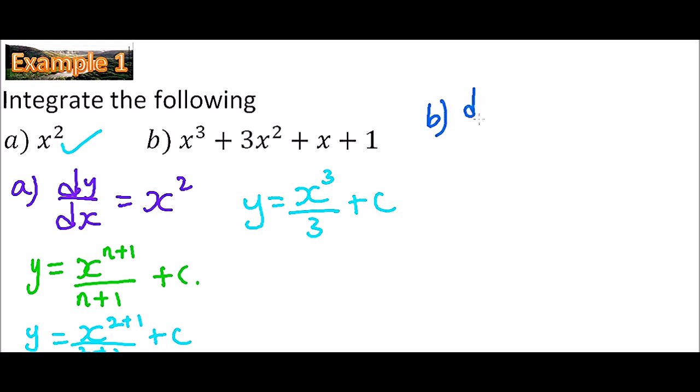So this means dy over dx is equal to x cubed plus 3x squared plus x plus 1.